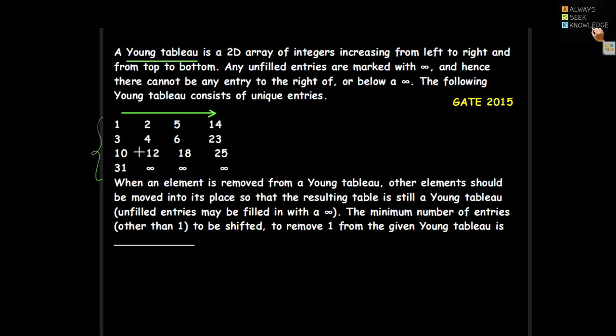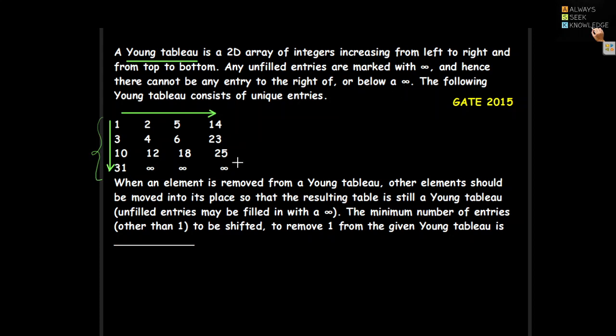And top to bottom also, when we move in this tableau, the numbers are increasing only, right? So in these two directions numbers are increasing. Any unfilled entries are marked with infinity, and hence there cannot be any entry to the right of or below infinity.